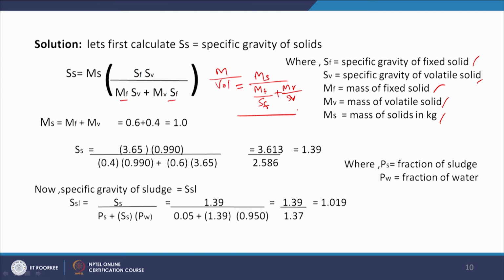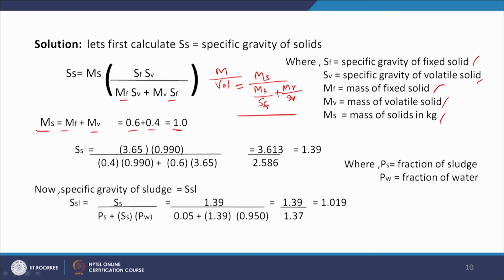Okay. So, now SS is equal to this one and MS is equal to total mass, that is MF plus MV. So, we are assuming that is 1. So, MF and MV are 60% and 40%. So, 0.6 will be for fixed solids and 40%, that is 0.4, is our volatile solid. Okay. So, this is the condition given. So, what will be the SS? Then we have SF. What is SF?